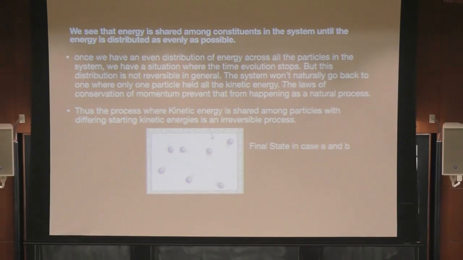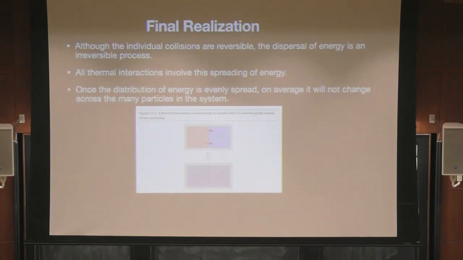The system won't naturally go back to one where one particle held all the kinetic energy. The laws of conservation of momentum prevent that from happening as a natural process. Thus, the process where kinetic energy is shared among particles with differing starting kinetic energies is irreversible. So, although the individual collisions are reversible, the dispersal of energy is an irreversible process.